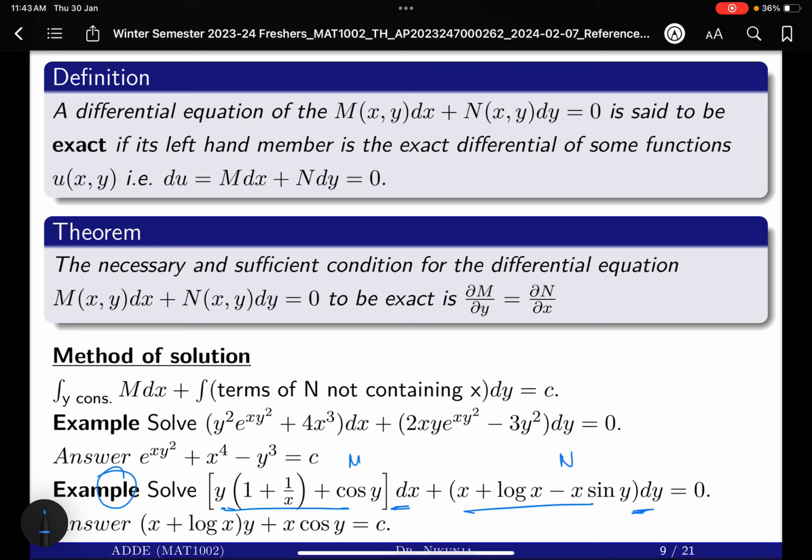So immediately in the next step you will do the integration with respect to dx, and for the integral of the term not containing x, all the terms here consist of x only, so that gives 0 dy is equal to c. Now in the first term, you should take y as constant. So if you take y as constant, you will get this term from the first part, and from this part you will get this one, is equal to c. Quite straightforward.